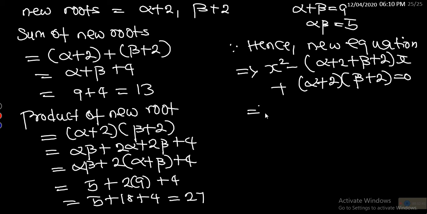So if we substitute in there, we have x squared minus 13x plus 27 equals 0 as our new equation, and then we are done with it. So it's very interesting, guys, very simple and very interesting, and this is how you find it.